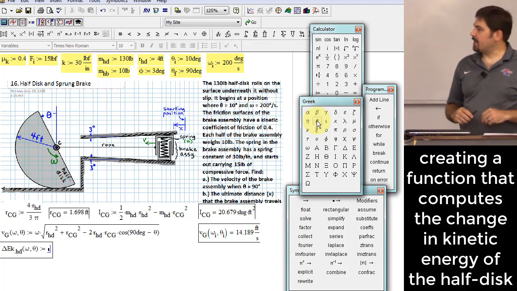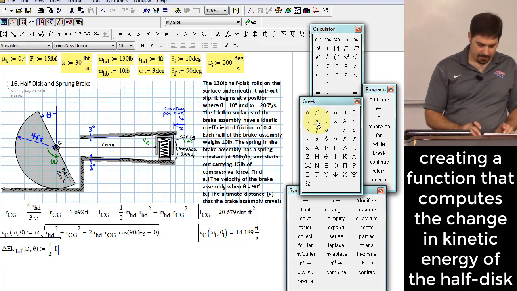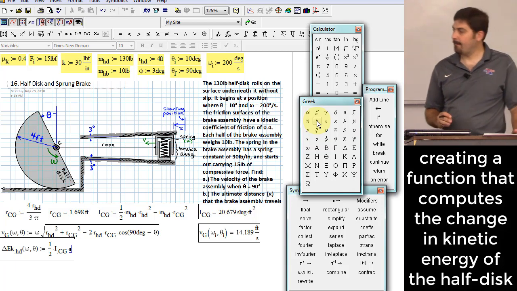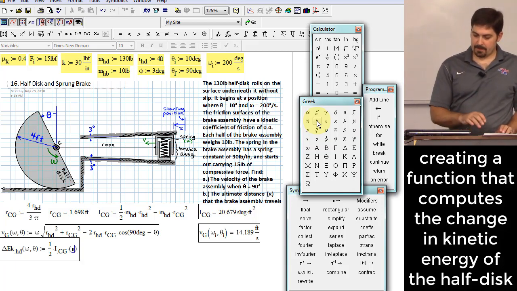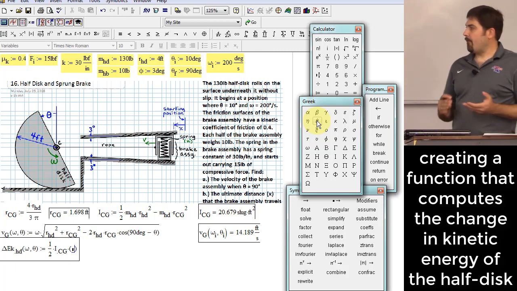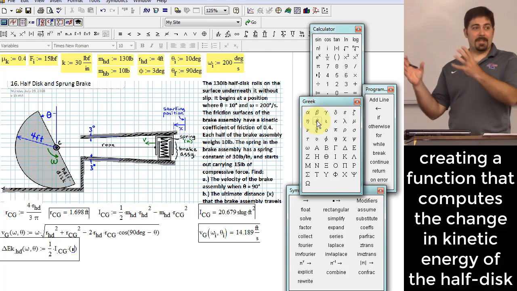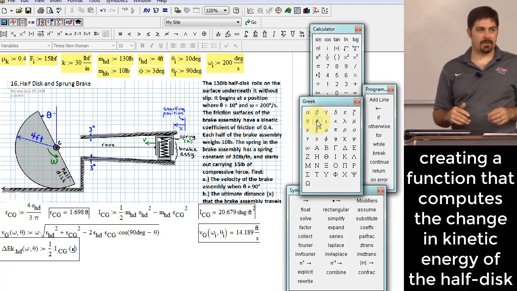So this change in kinetic energy is going to be equal to 1/2 times, I just figured out my I about my CG, right? So I multiply by that. Then I multiply by the omega that I'm putting here, which is a general omega, meaning you move to some location and it's going to have this velocity to it.